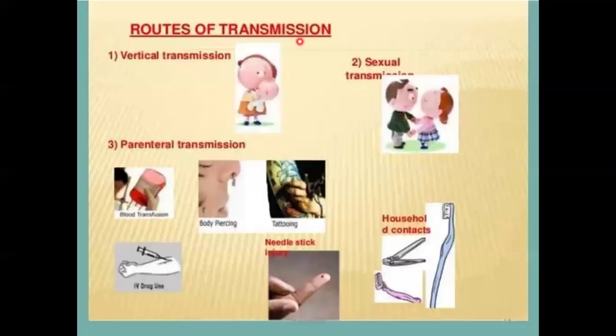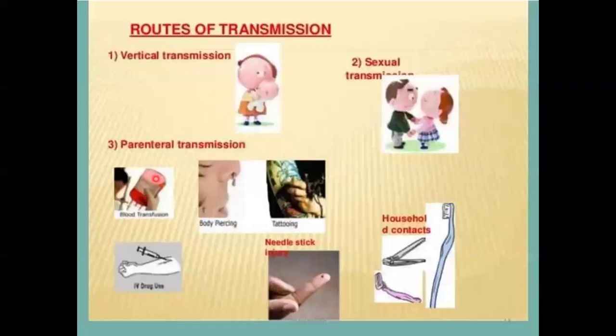And then we have routes of transmission. So as I had said, anytime you see hepatitis B, hepatitis C, remember how HIV is transmitted. It is transmitted the same way. Vertical transmission, so this means mother to child. Sexual transmission, sexual contact.